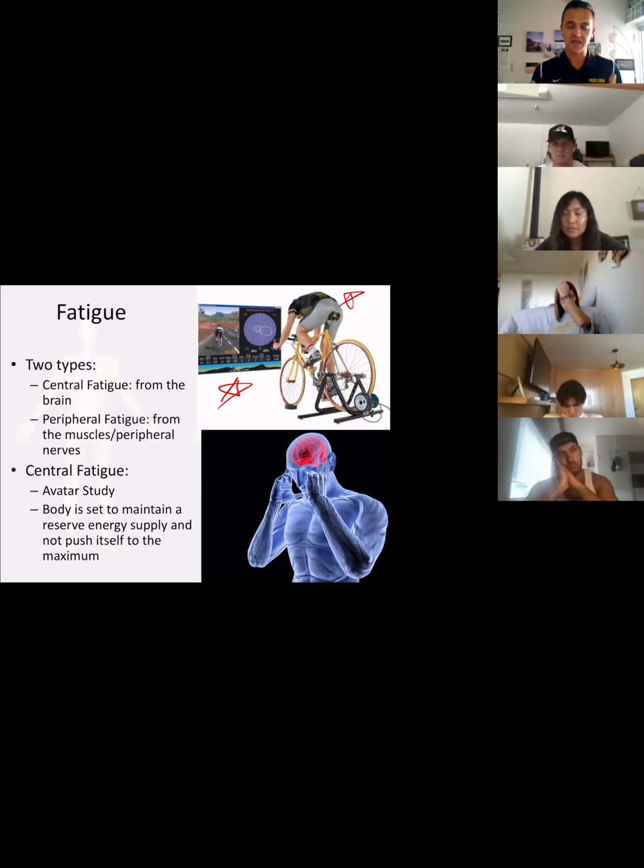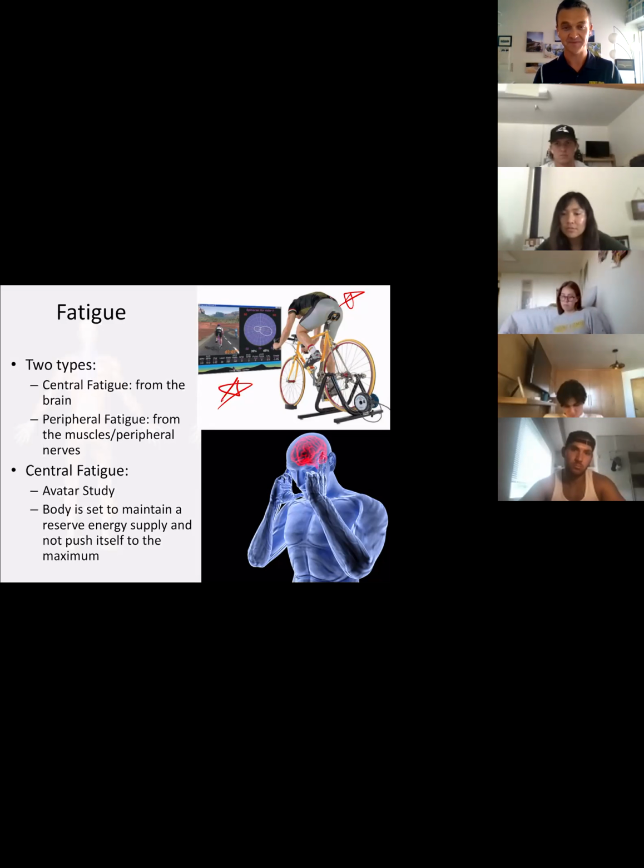So then it's a matter of how much our brain is going to let us put stress on our muscle, right? And so you get into this whole field of, wow, what are all the factors that help your brain decide how much it's going to let us contract that muscle?